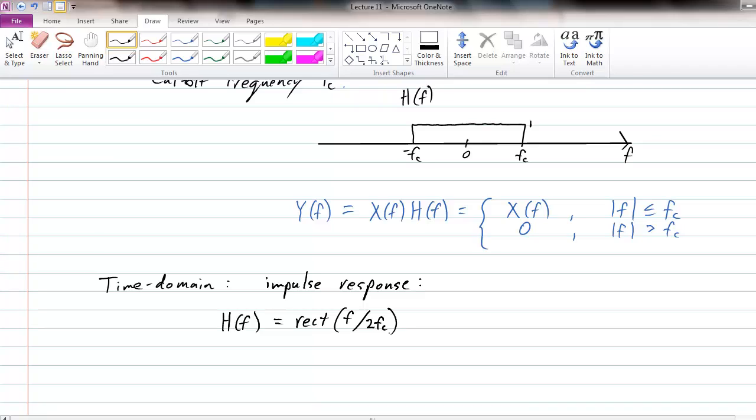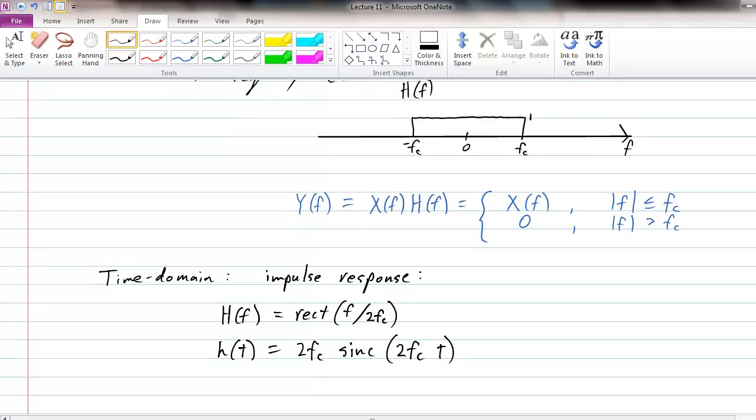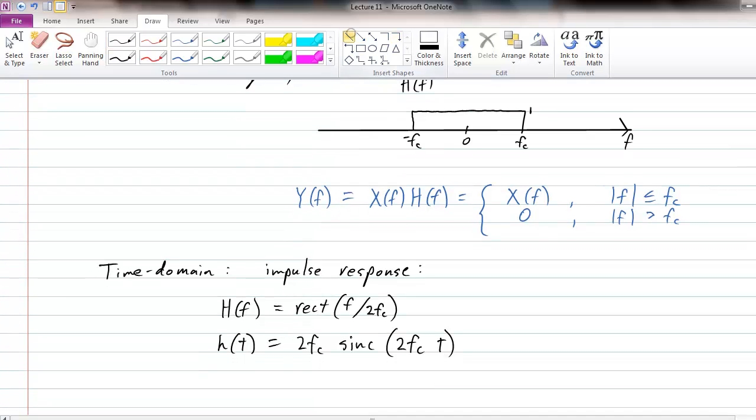All right, so we can use our scaling rules, time scaling, in reverse, to say that this is just 2fc sinc of 2fc t. So it's a sinc function that's been scaled appropriately. Let's draw that out here.